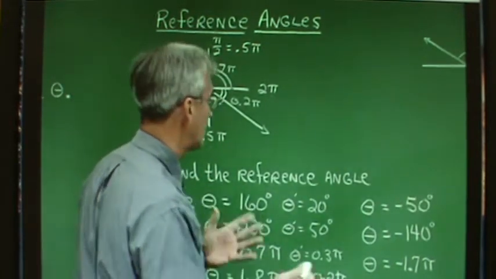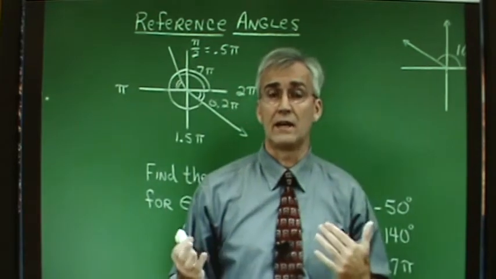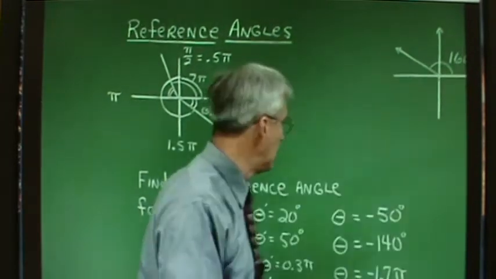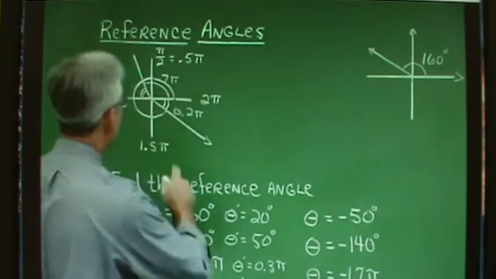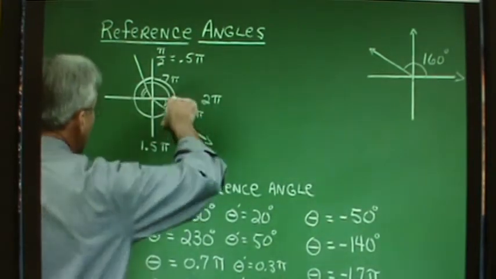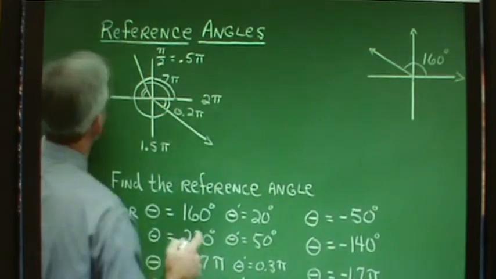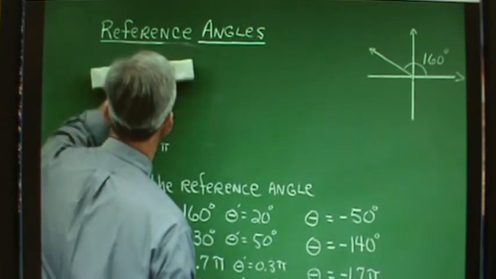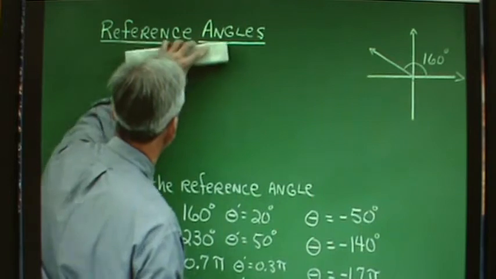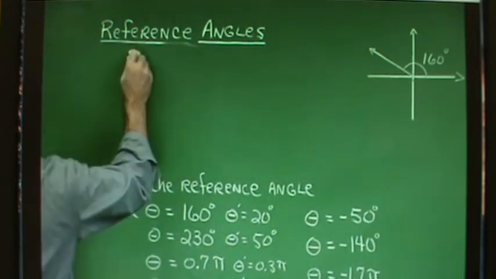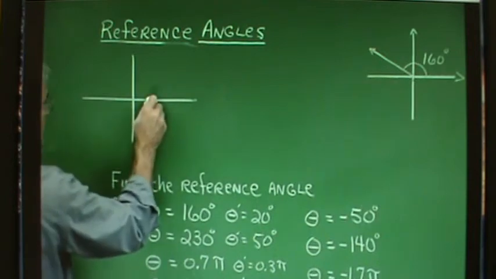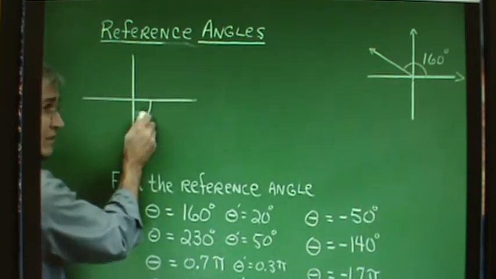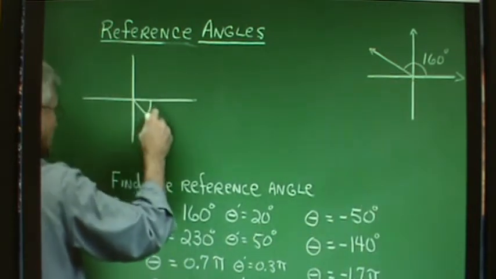Now for negative angles, it works pretty much the same way. We just have to consider what quadrant we're in and look for that reference angle. If we're talking about a theta of negative 50 degrees, then from here we're turning the angle down this way in the negative direction, 50 degrees, and so we would have something like this.